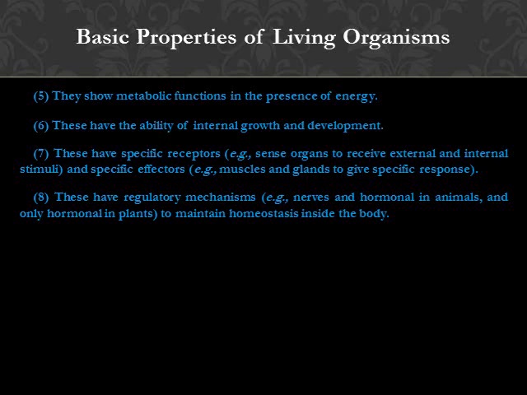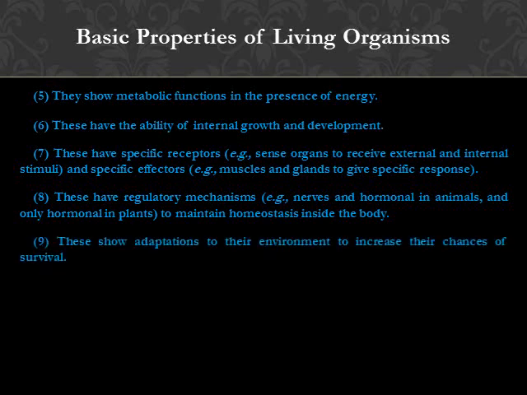We have a brain, we have neurons, we have spinal cord, we have nerves, right? But being at the lowest developmental stage, plants do not show that kind of adaptability. So they have only a few chemicals known as hormones. Hormones are found in plants, and nerves and hormones both are found in animals to maintain homeostasis inside the body. So they are regulatory mechanisms, and due to that regulation we can easily maintain homeostasis of our body.